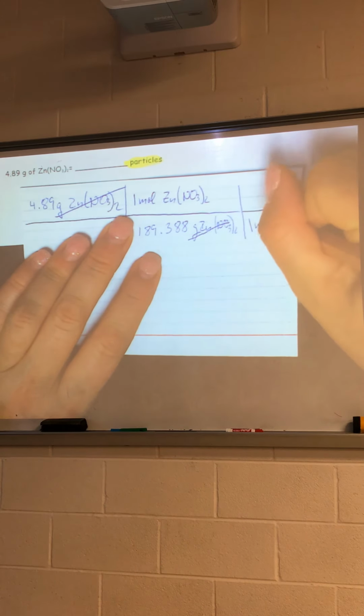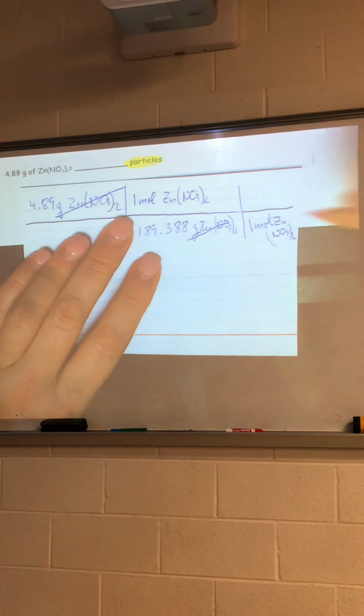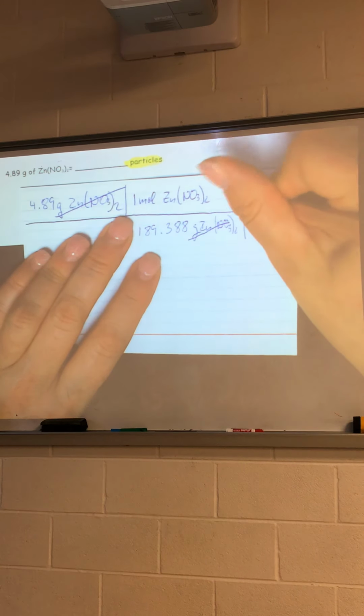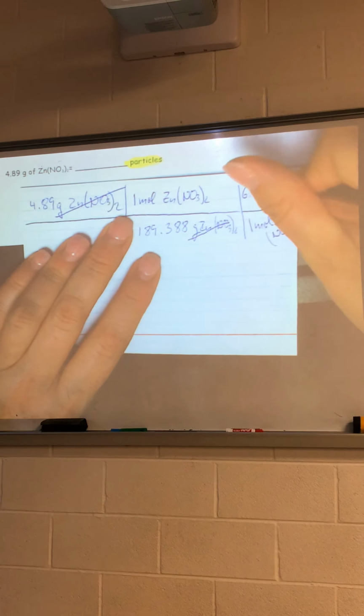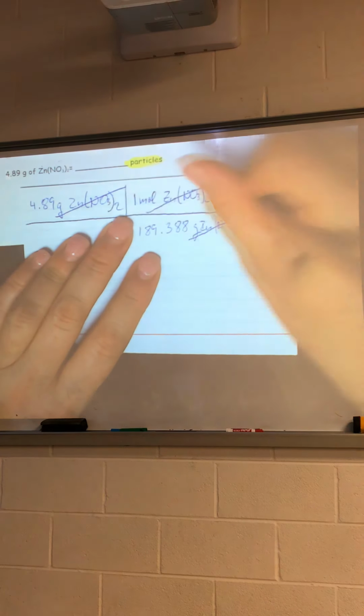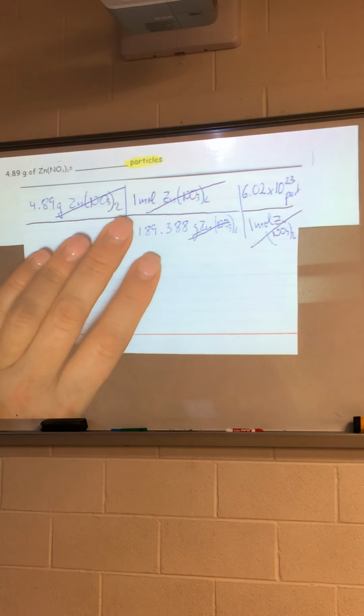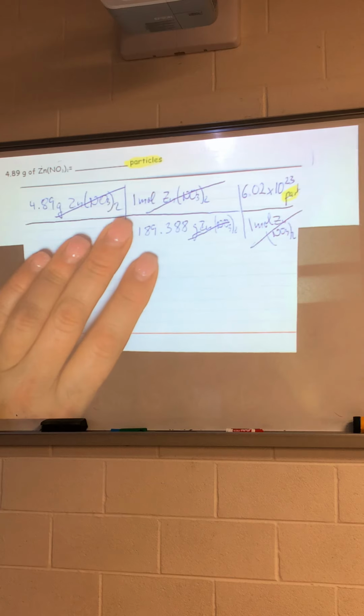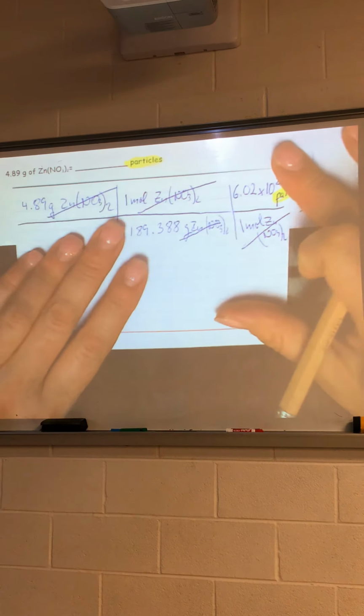To particles, that's right. So how many particles are in 1 mole, class? That's right, 6.02 times 10 to the 23rd particles. So if I cancel my moles here, I should be left in particles, and the particles are on top and everything else cancels out. This is how you know that what you did was correct.